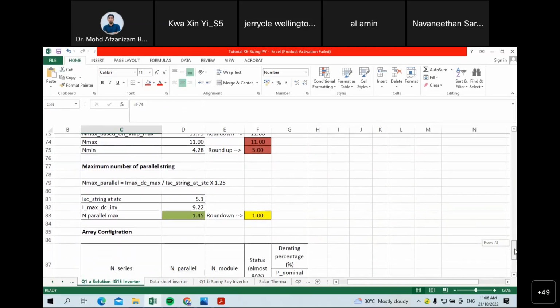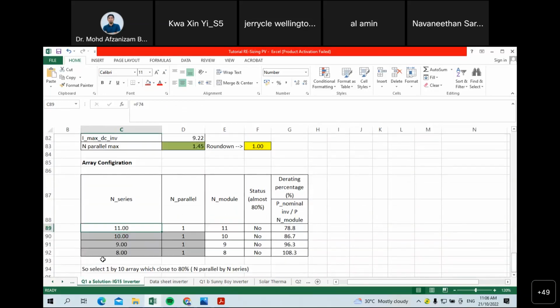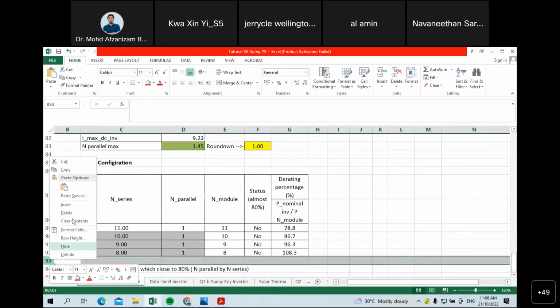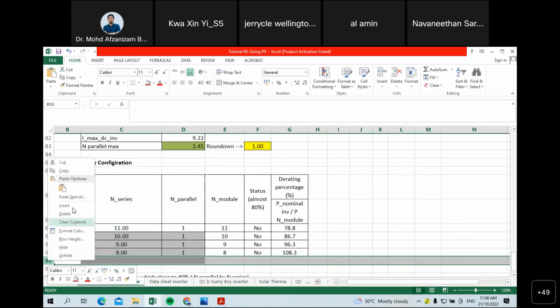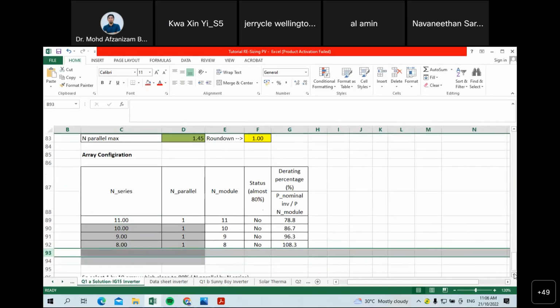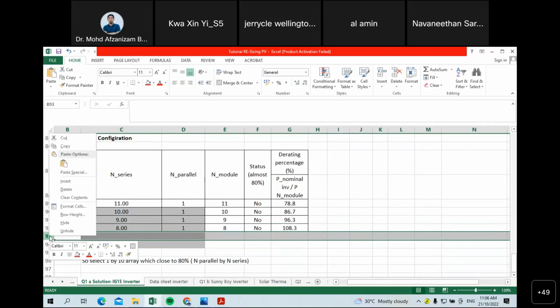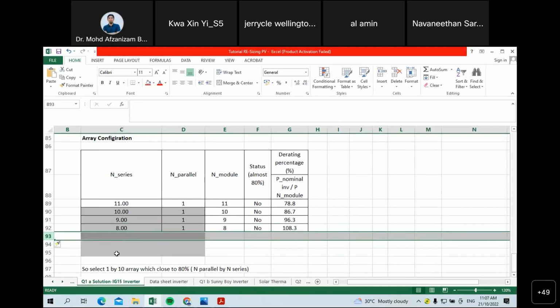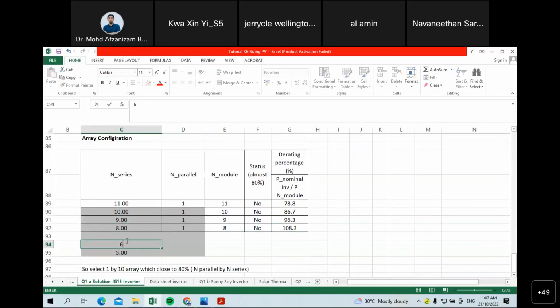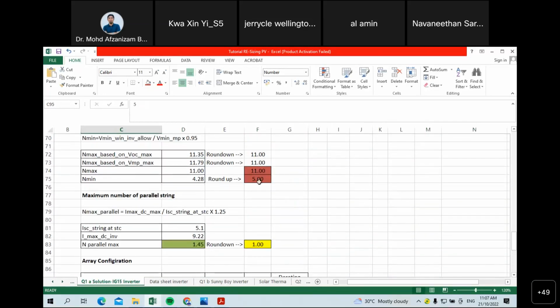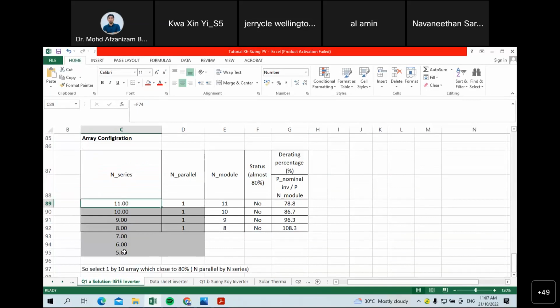So your table should go for the minimum 5, because we already simplified this one. So it should start from 5, 6, 7, 8, 9, 10, 11. Because this 5 refers to this case. Minimum 5, maximum 11. So that's why 11 here. And then it should be the same.